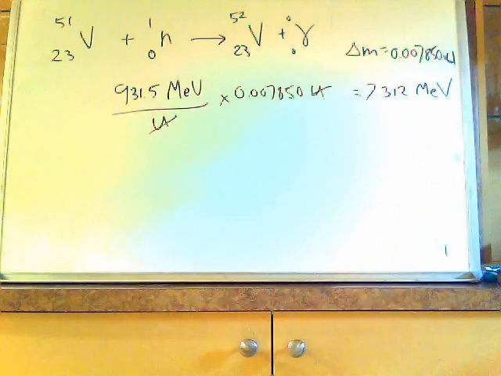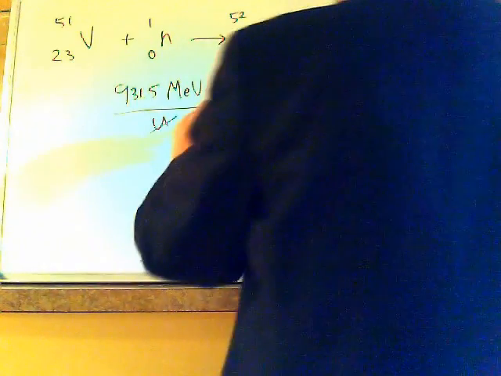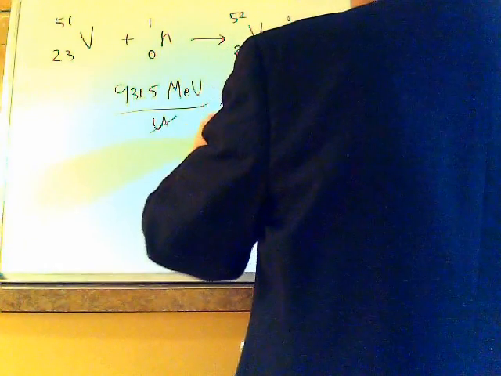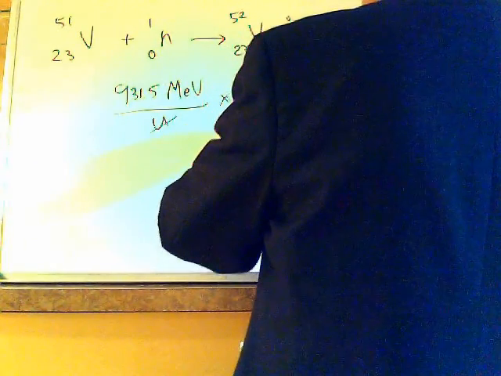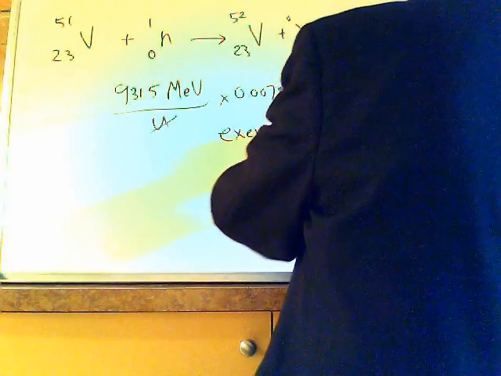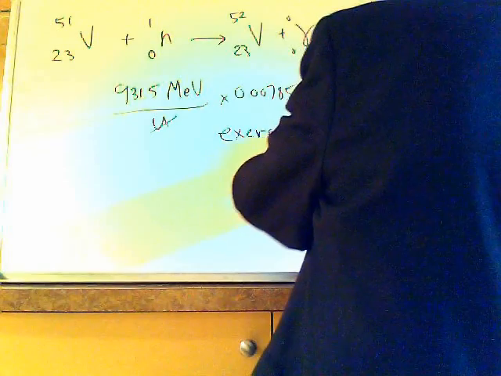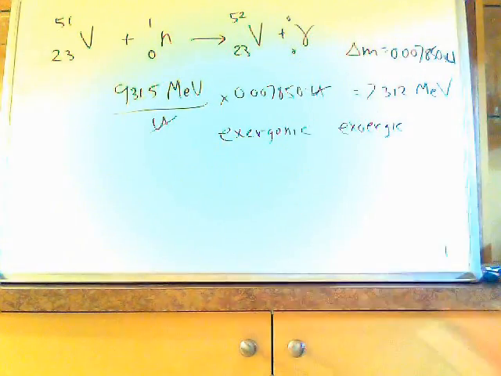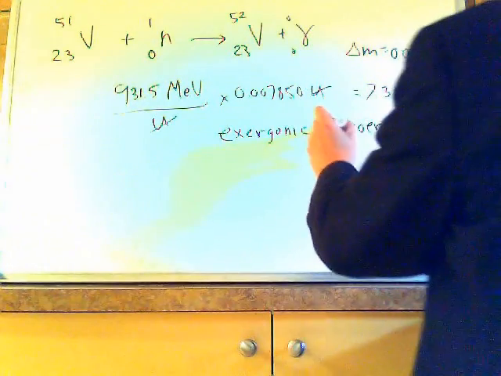Okay, so what can we do with that? Well, first of all, since this is the energy that's being produced by the reaction, we know that this reaction is exergonic, or your book uses a word which is a little strange, which is exoergic. Both of these words are equivalent. I prefer the term exergonic, but they're both exactly the same.